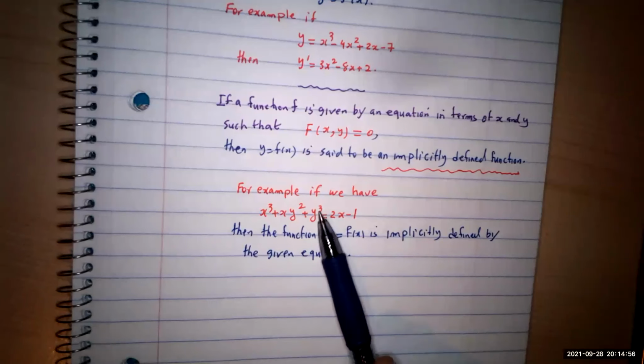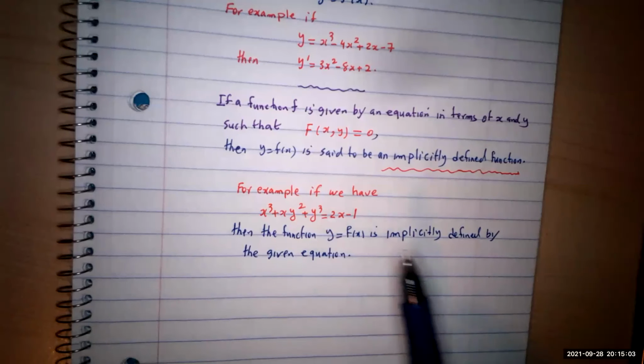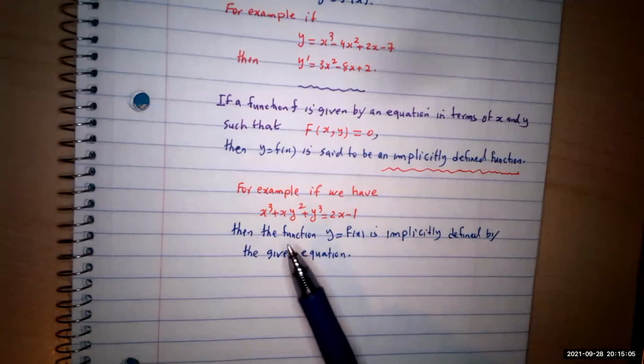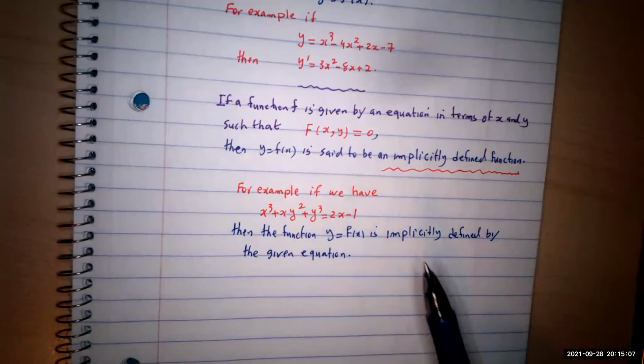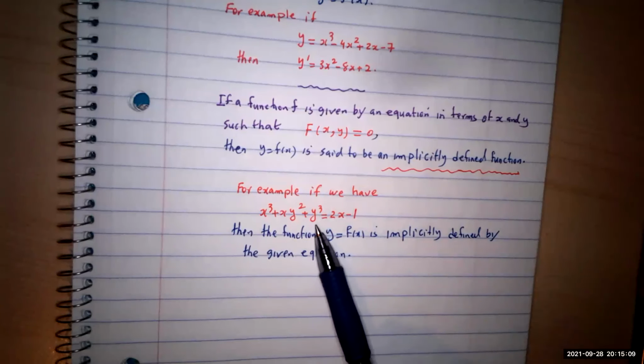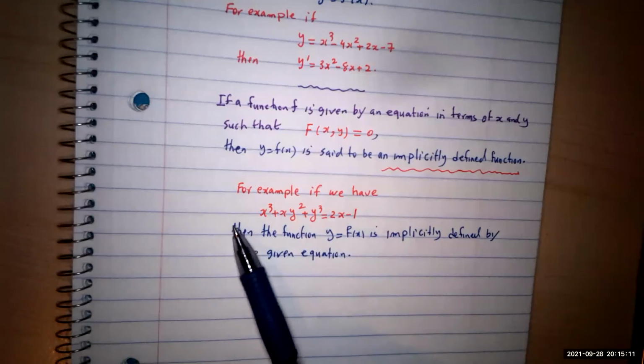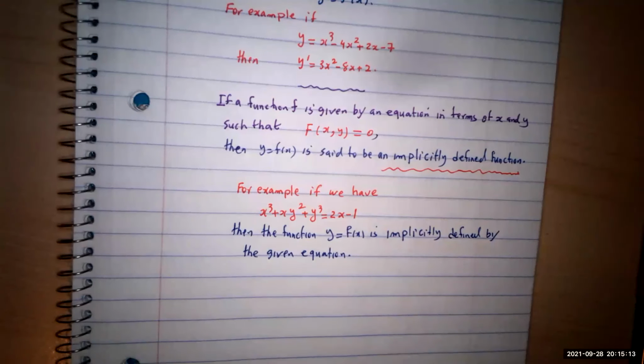Remember, when we have a chain rule, it's going to be power down. It's going to be 3y squared, but you have to pay for it. Remember, the pay for it was u prime. In this case, it's going to be y prime. So this is where you are going to bring the y prime, and eventually you are going to solve the equation for y prime, and then you're done.